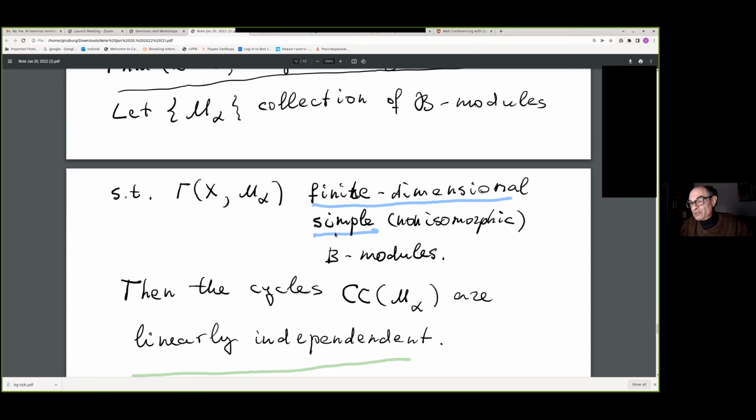But if you look, for instance, at category O, then the statement is true. The characteristic cycles are indeed linearly independent. But it is proved in a combinatorial way. It's not difficult, but it's a property of the Weyl group. So it's not a geometric property, even in that case.